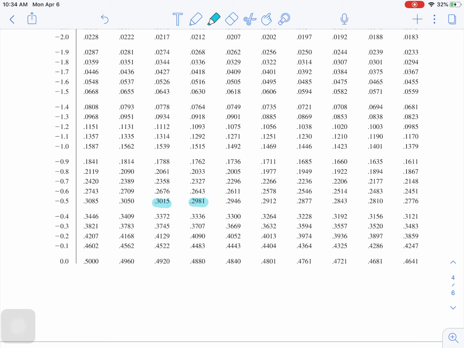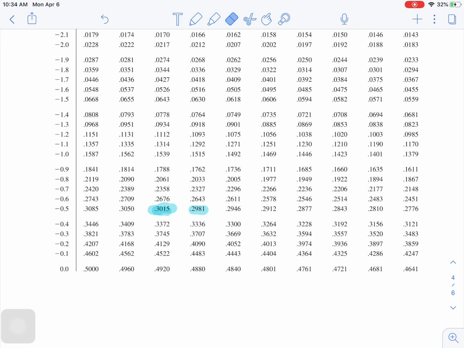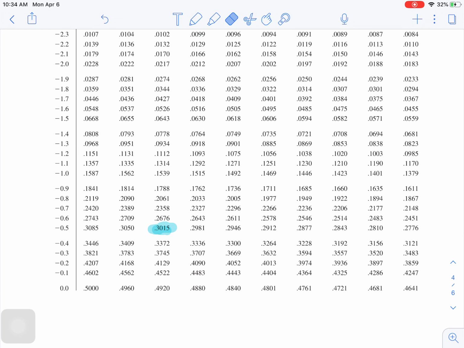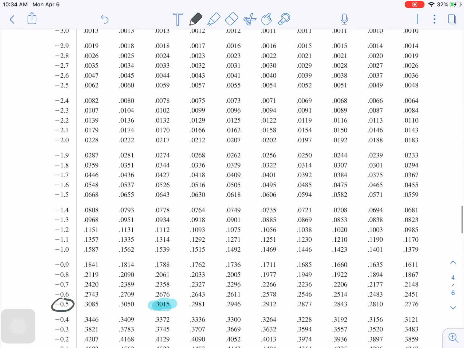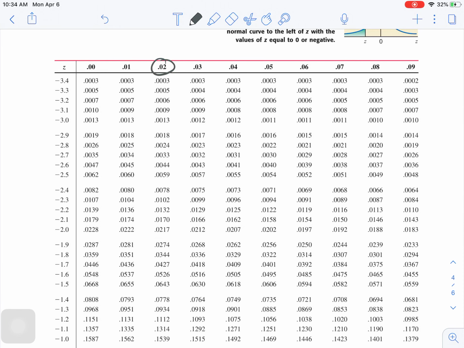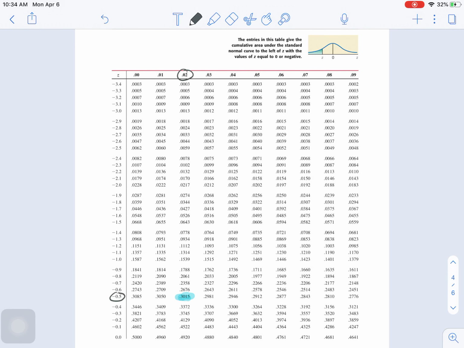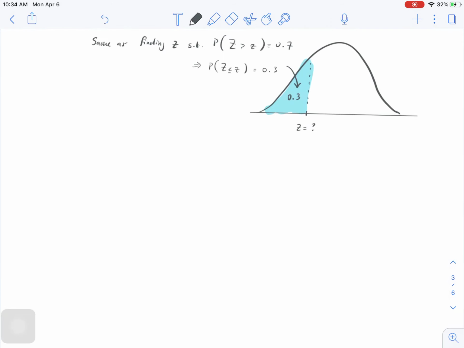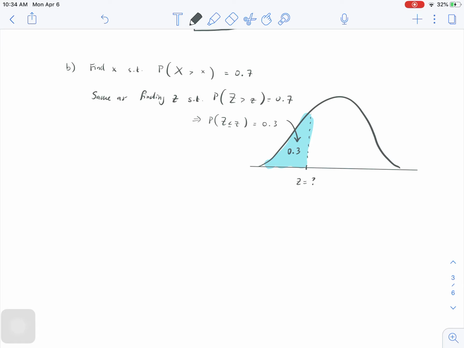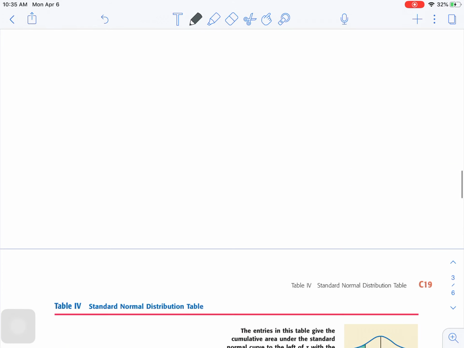This one's a little closer, so I'll take 0.3015. That corresponds to a z-score of negative 0.52. Negative 0.52 corresponds to an area to the left of approximately 0.3. So I know that z is equal to negative 0.52.